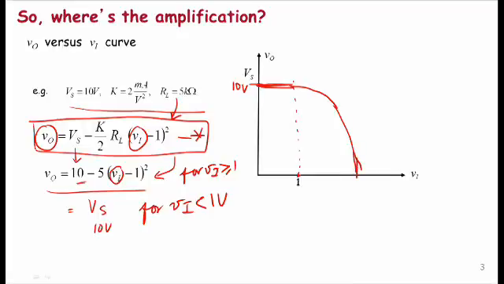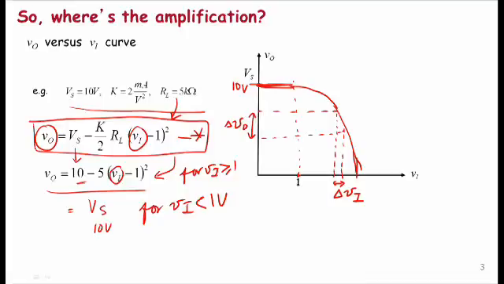So where is the amplification here? Notice if I focus on this part of the curve, then for a small change in VI, let's call that delta VI, I have got myself a fairly large change in VO, which I will call delta VO.